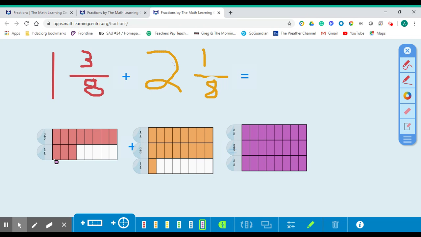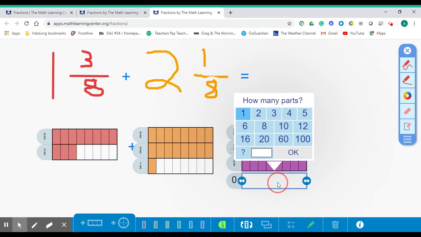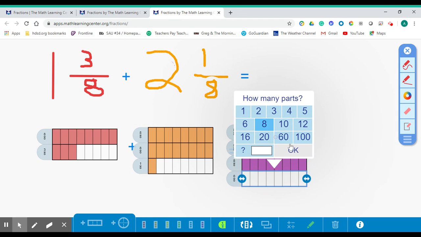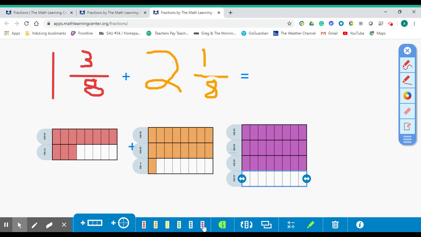Now we still have some left over. So we're going to add one more of these down here, denominator of 8. But this time, we only have how many? 1, 2, 3, 4. We only have 4. Now we can show our final answer right up here. So this is our final answer.